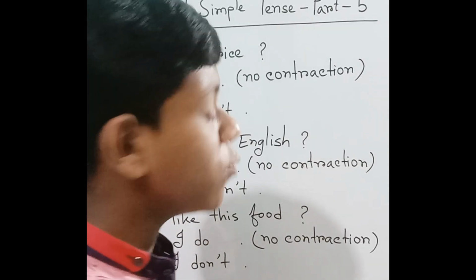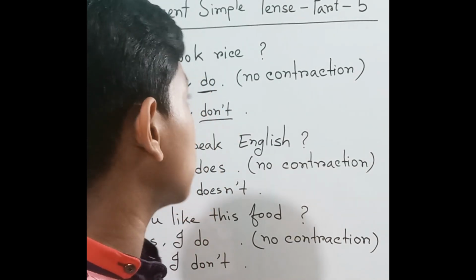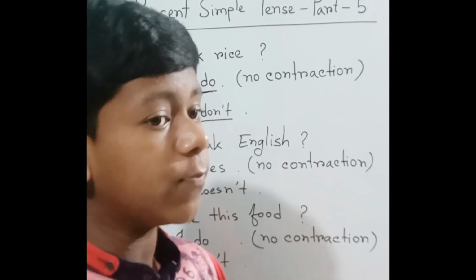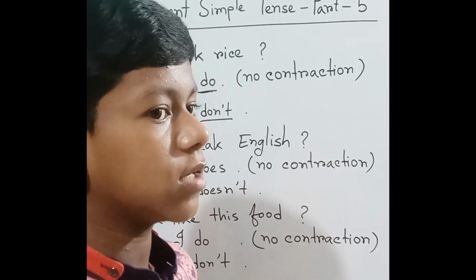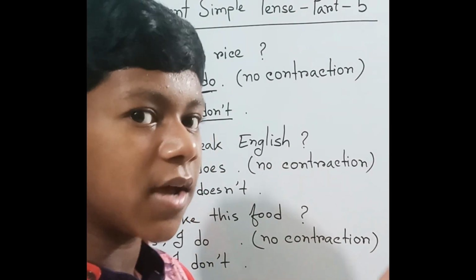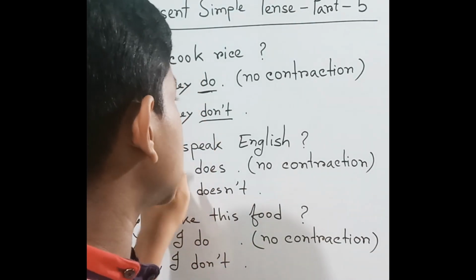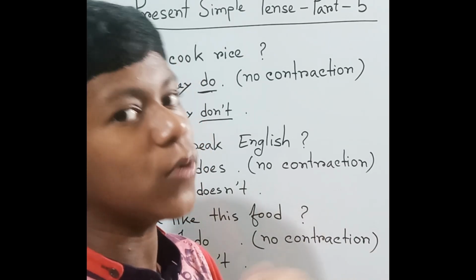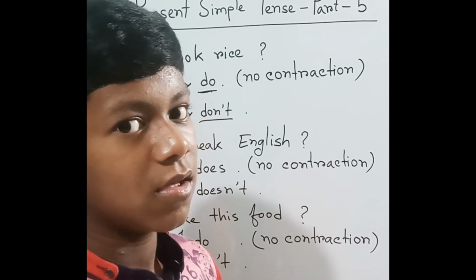If you want to say yes, they cook rice in full, it takes time. If you want to answer shortly, you can answer this way: yes, they do, if they cook rice, or if they don't, no, they don't. So the speaker will quickly understand what it means.